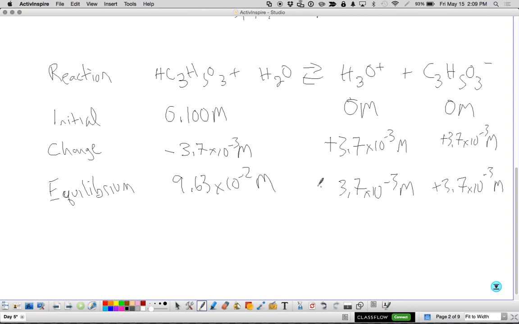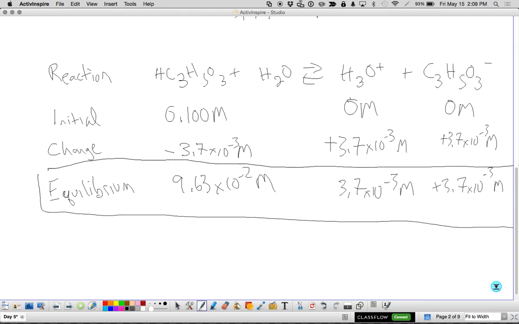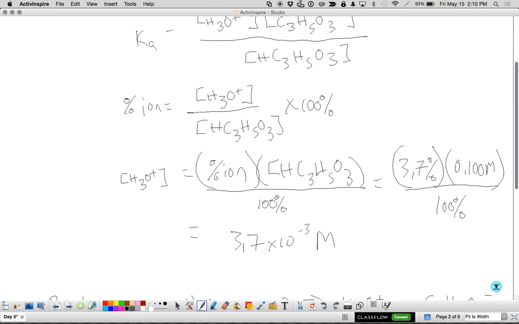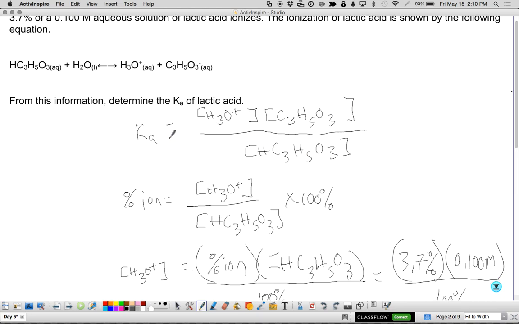Okay? And now I have equilibrium values for H3O+, C3H5O3-, and the lactic acid. Okay, notice that I don't really care about H2O because it's in such a huge excess that it's not really changing anywhere through here. All right, so these equilibrium conditions are really what I need to be plugging into my equilibrium expression, right?